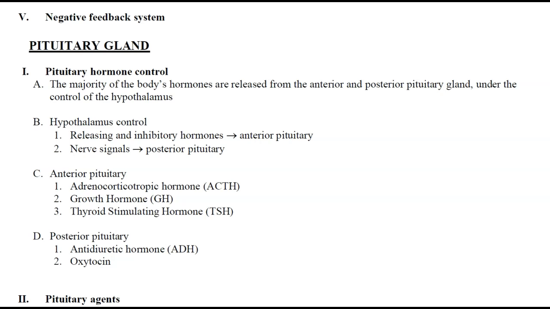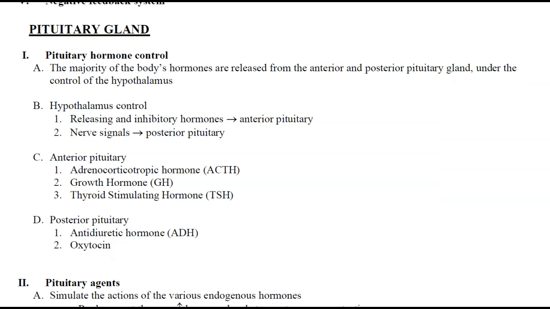It promotes skeletal and muscle growth, increases protein synthesis, increases liver glycogenolysis, and increases fat mobilization. Thyroid stimulating hormone or TSH stimulates the secretion of thyroid hormones T3 and T4 by the thyroid gland.